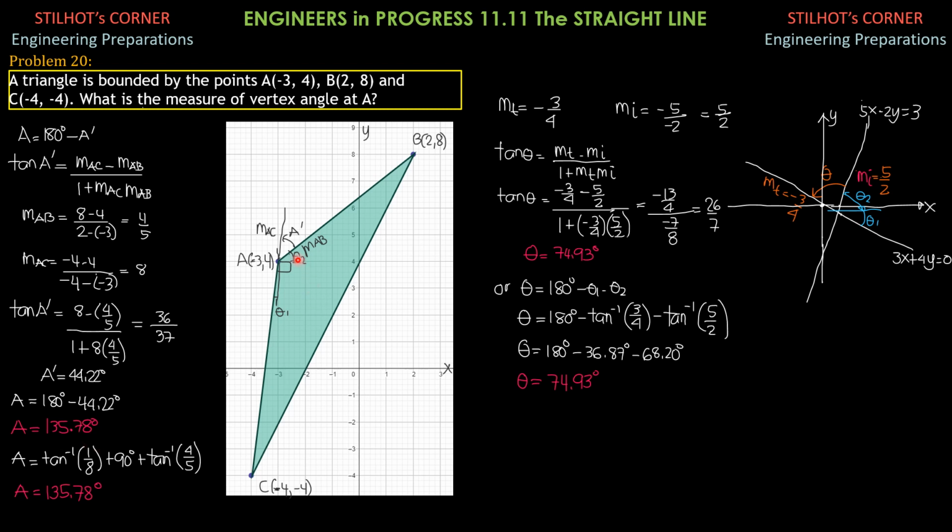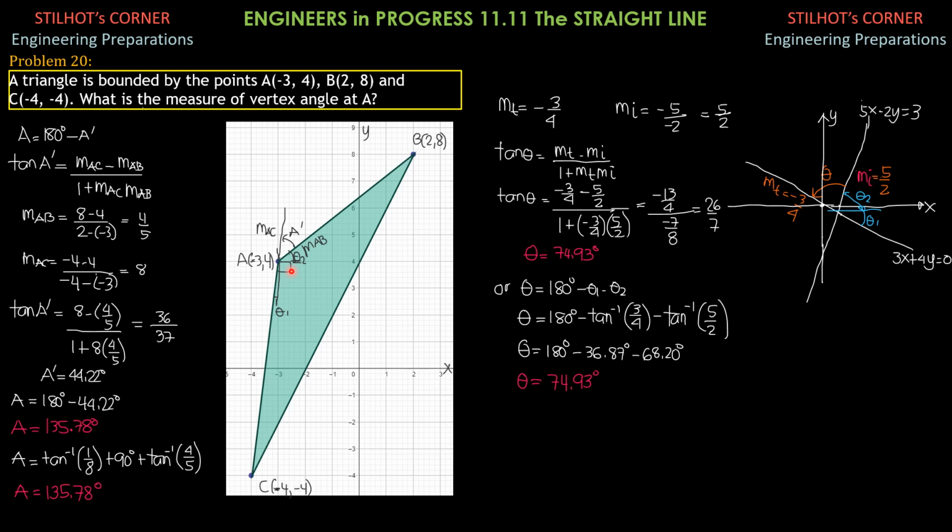Likewise, the direct way without using the formula, and this is the practical way, is that angle A from the figure is theta 1, plus 90 degrees, plus this measured theta 2. The slope tangent theta 1 therefore is 1 over 8, the reciprocal of 8. So opposite 1, adjacent 8. Therefore theta 1 is inverse tangent of 1/8.